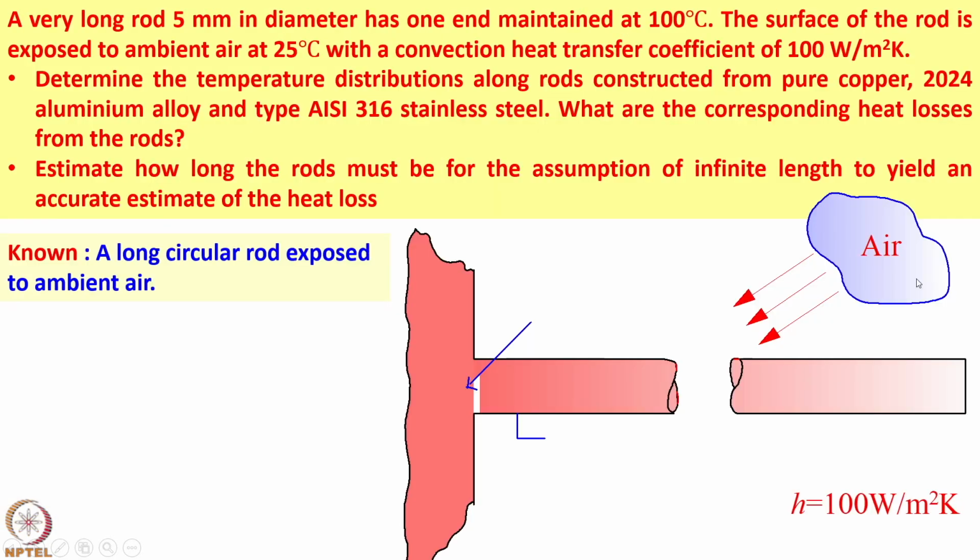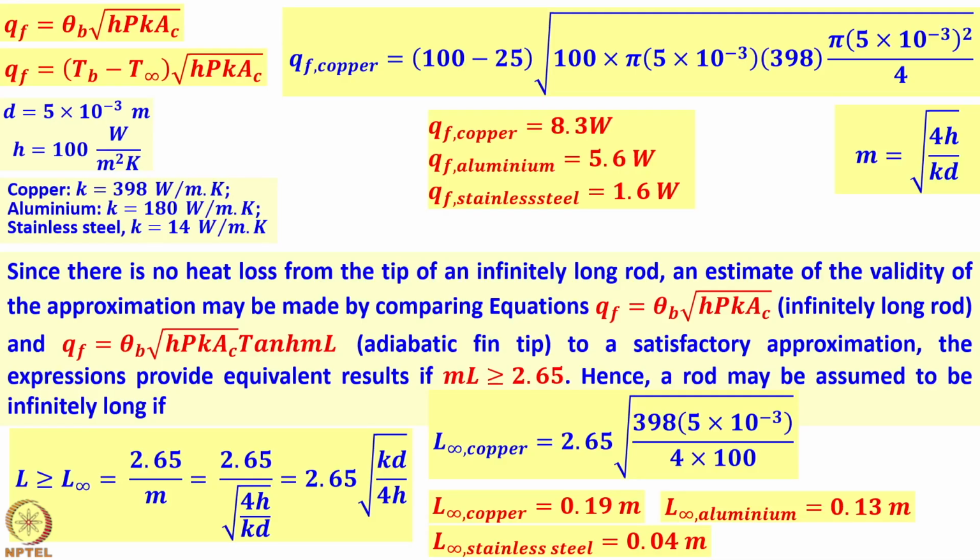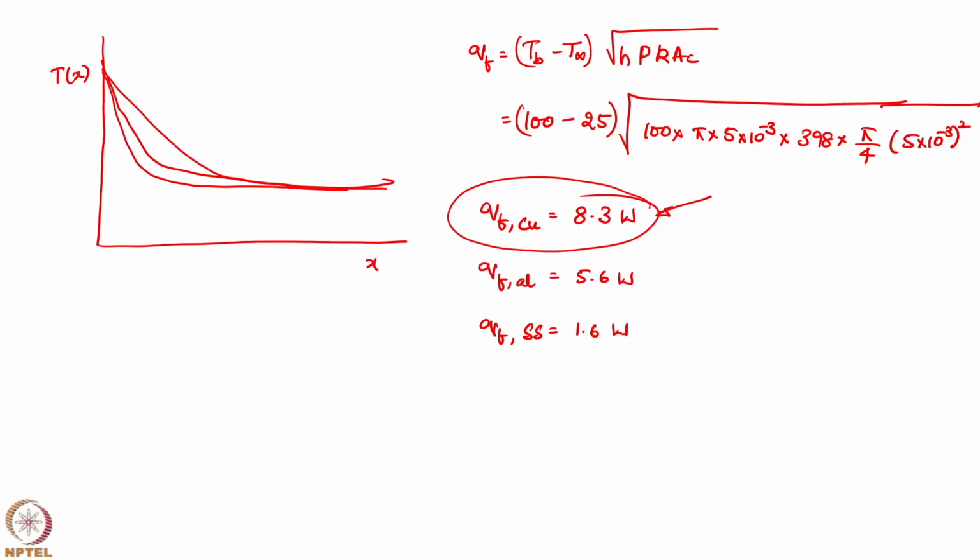So I am considering that tanh mL approaches almost unity for an mL greater than or equal to 2.65. So m into L equal to 2.65.